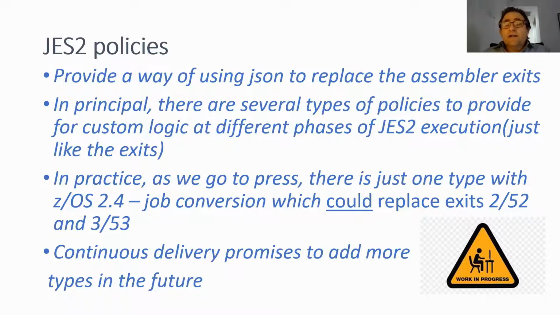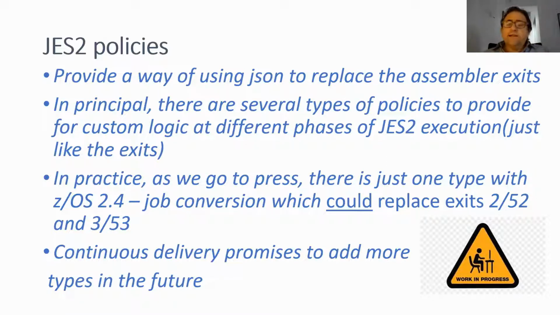Out of the 60-odd exits that are out there, this policy could, as I'll explain in a minute, replace exits 2, 3, and perhaps some implementations of exit 4. For those of you not aware of this notation of the 52 and 53, JES2 provides several points for JCL interpretation and job interpretation, and it's just where in the JES2 processing that it happens.